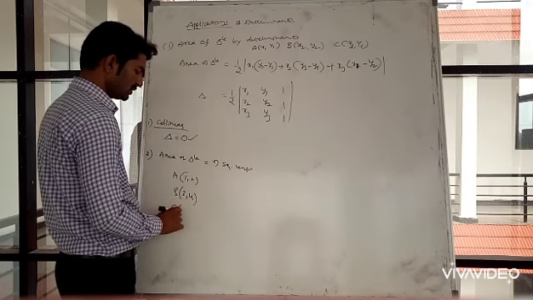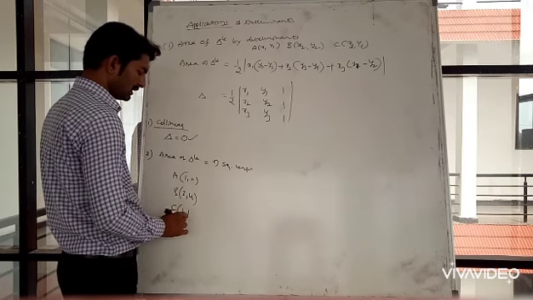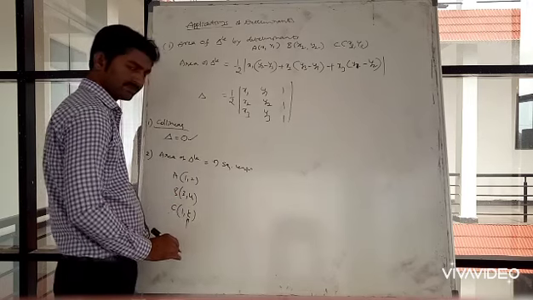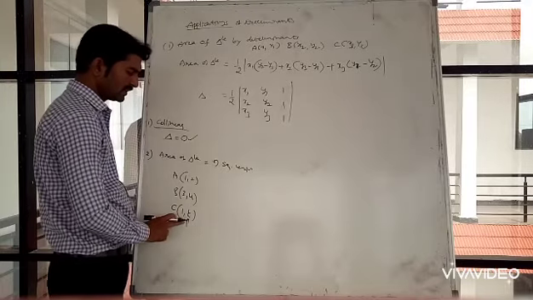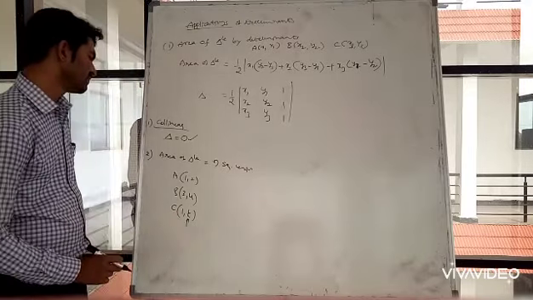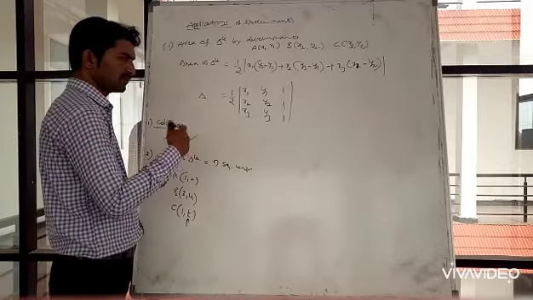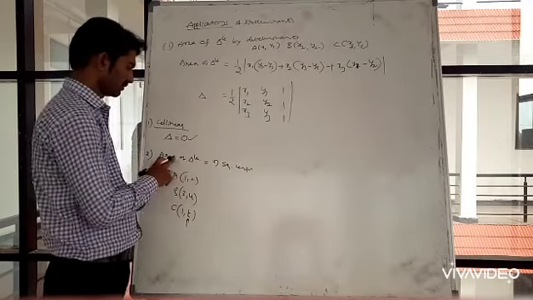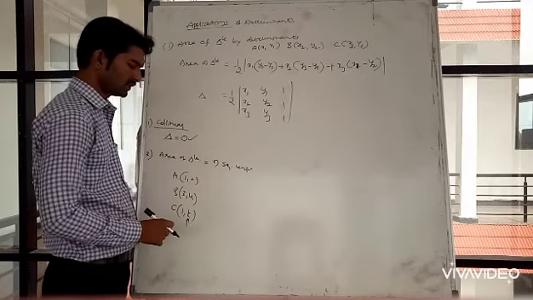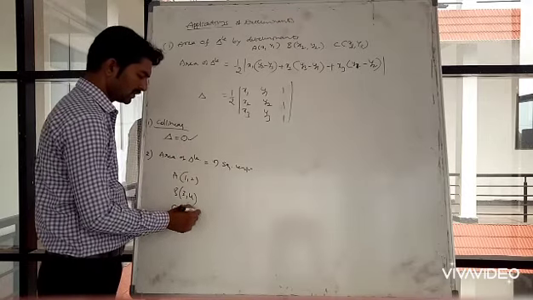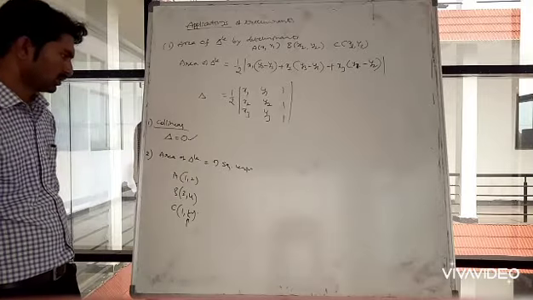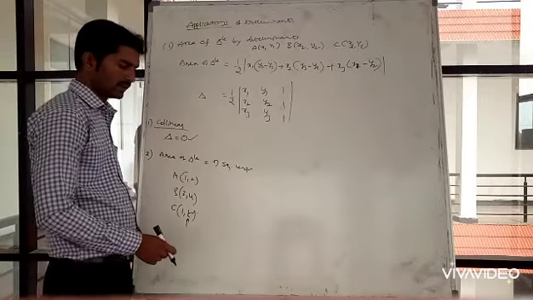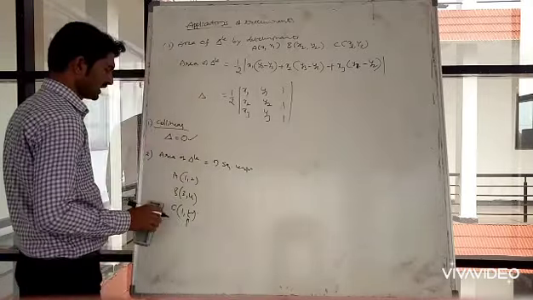Suppose C is equal to (1, k). We need to find this k. In such a situation, we consider plus or minus the area they have given, so we get k value. 2 values we get for k. This is the second point.